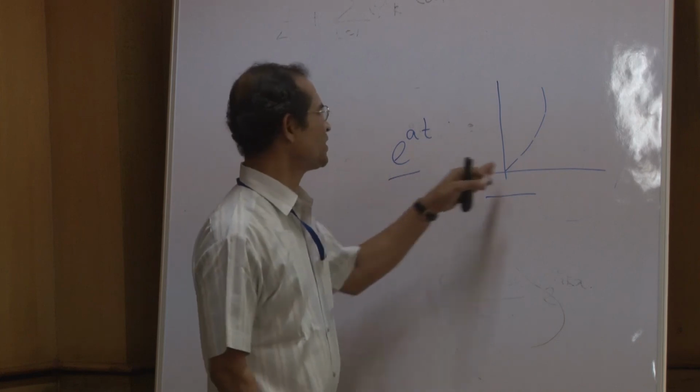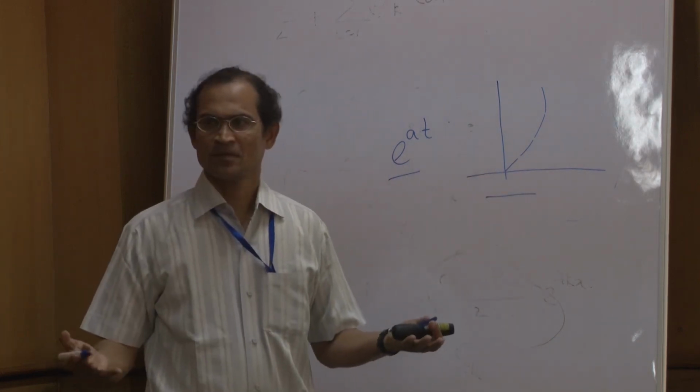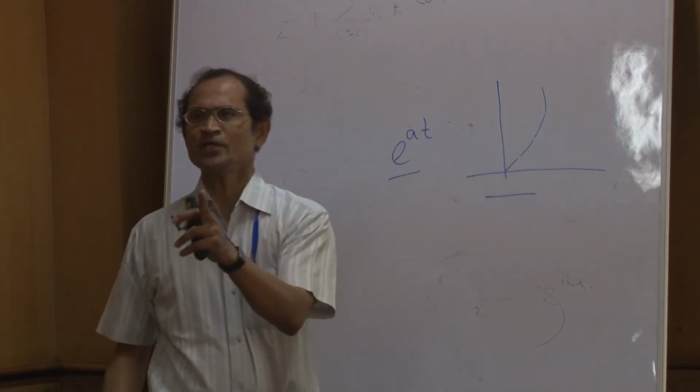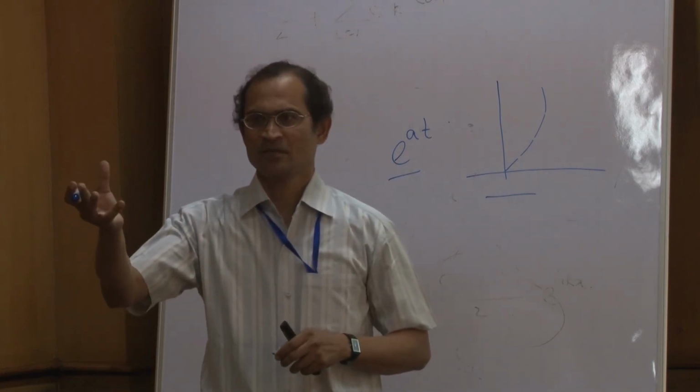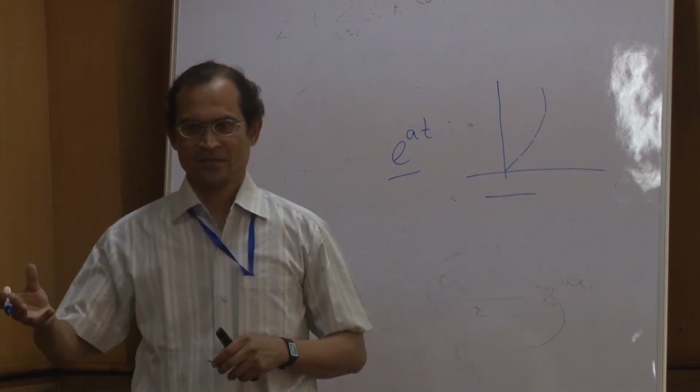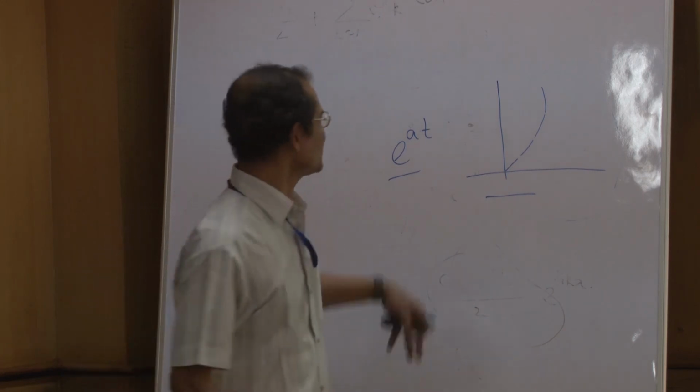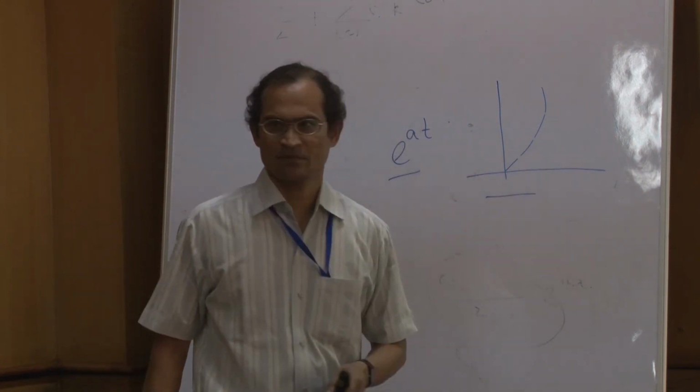Why? Because the integration of these two is the same. A finite number of point discontinuities have zero area. Right? So the inverse transform can map to either this or this.